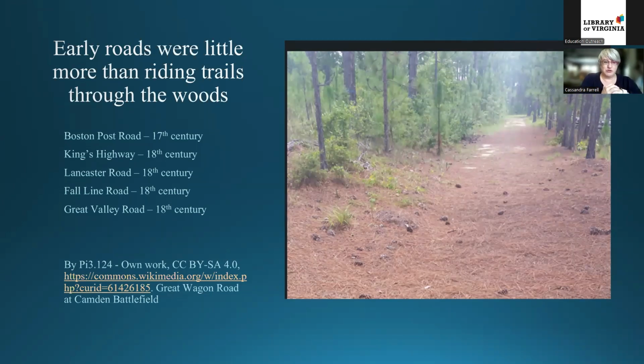The Fall Line Road ran from Fredericksburg, Virginia, down to the North Carolina line and into North Carolina. And then, of course, the Great Valley Road connected Pennsylvania, Philadelphia, and the other colonies with Virginia into North Carolina through the Shenandoah Valley.